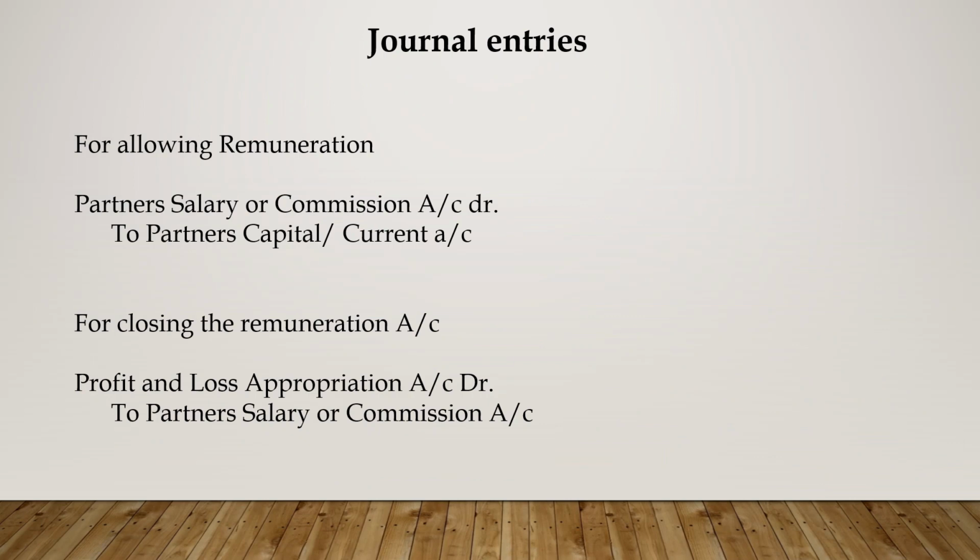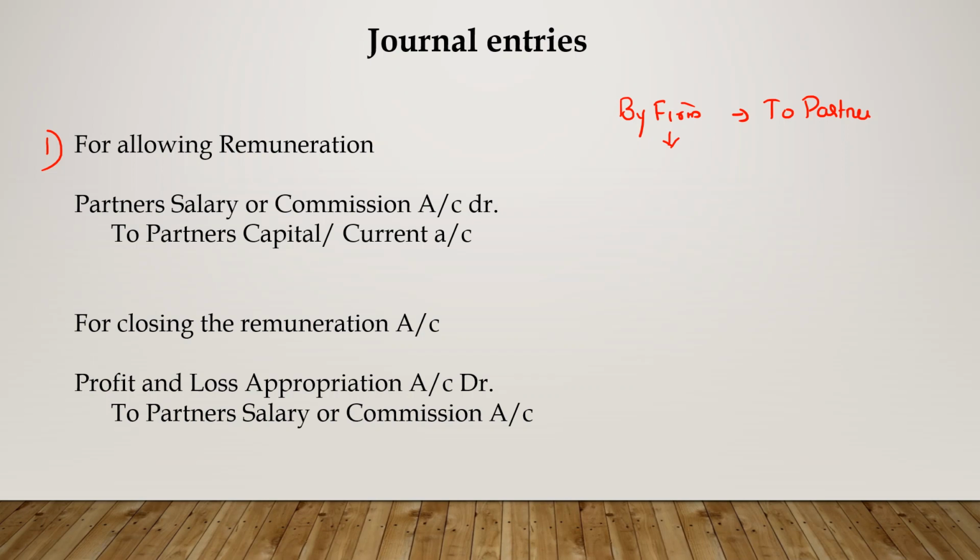Now we will learn the journal entries that you would be passing. There are two journal entries that you will be passing for recording the remuneration when it is allowed to a partner. The first journal entry would be for allowing that remuneration. This is being given by the firm to the partner, so it is in the nature of an expense for the firm, and therefore you would debit the partner's salary or commission account, whichever form, and credit their capital or current account.